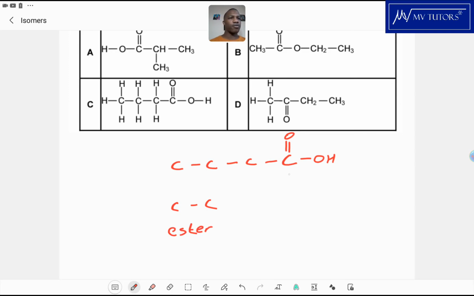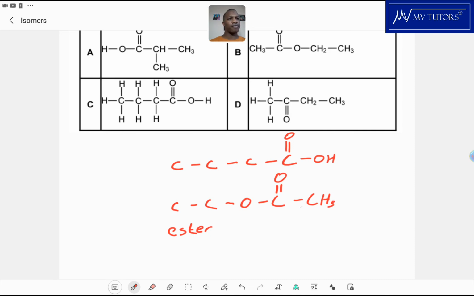This is a functional group which has the same molecular formula. The difference between an acid and an ester is that for an acid, the functional group is at the last carbon atom, whereas for an ester, it's somewhere in the middle. So the O would be here, and then you'd have another C like that, and then a CH, how many of them?